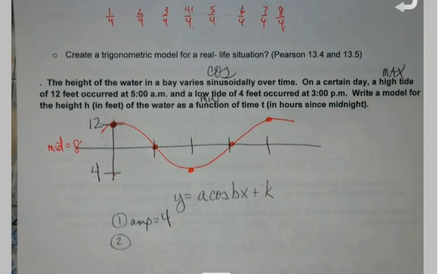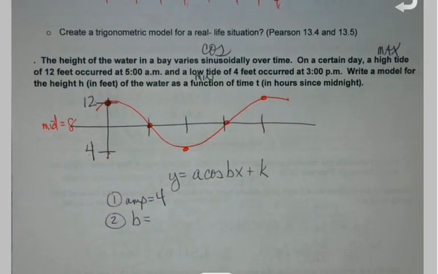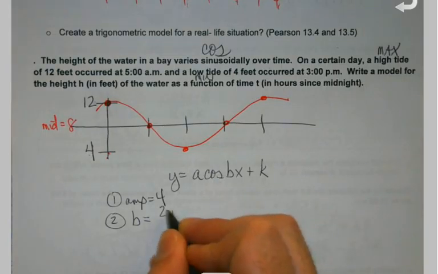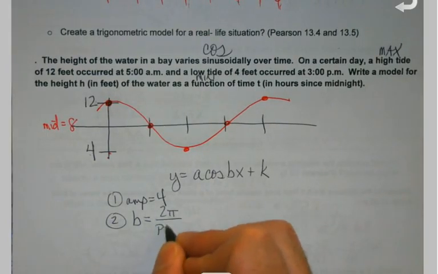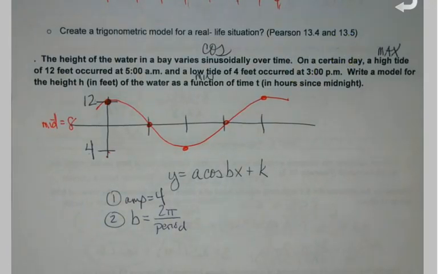Next, we're going to find our b value. Now, my b value is going to be taking 2 pi divided by my period. So basically we're just doing the opposite of our normal formula. Normally we take the period, we do 2 pi over b. But if we interchange it, I can find the b value.